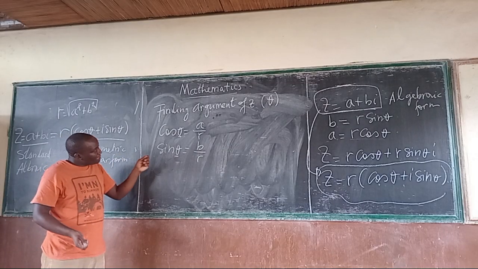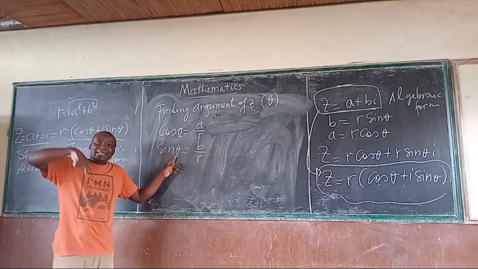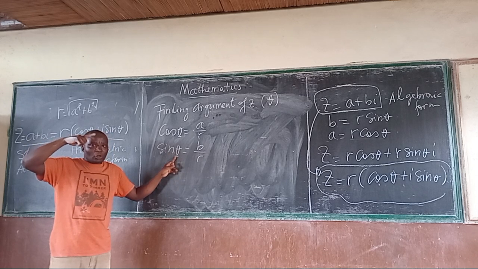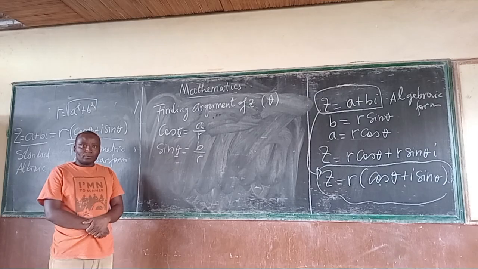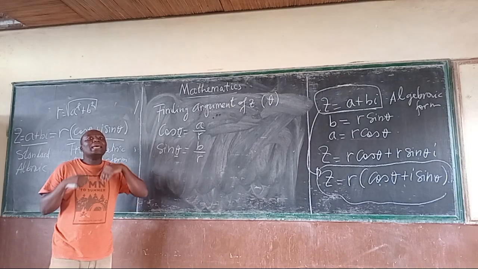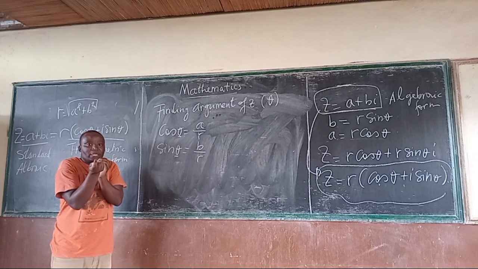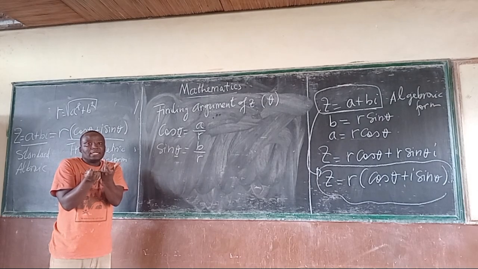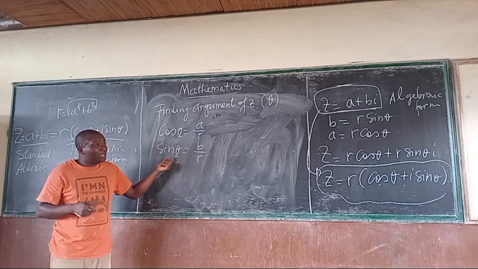Then the good way to find this argument, teachers, I'm sure you know some theories from trigonometric concepts. You know the meaning of the unit circle. As you have already discussed, a unit circle is a circle always centered at the origin, the center is 0, 0, and the radius of the unit circle must always be 1.